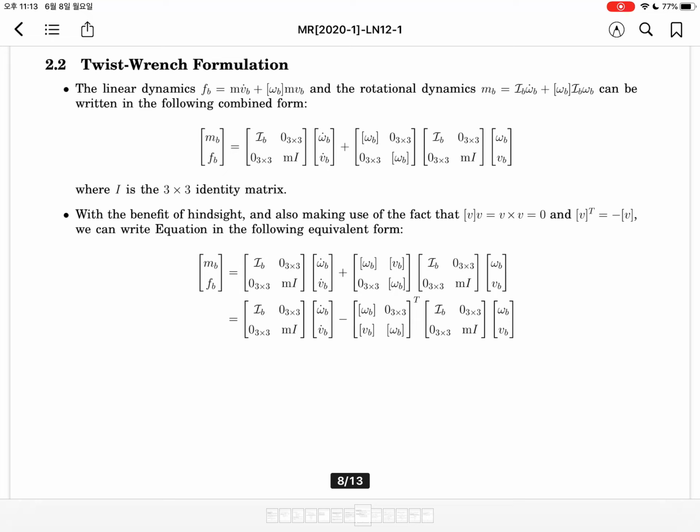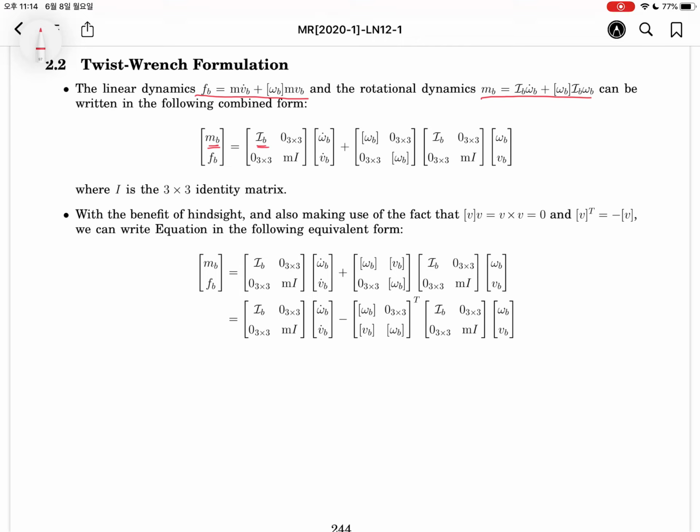Okay, the linear dynamics. Maybe we have derived the linear dynamics like this. Do you remember that? On the other hand, the rotational dynamics. Both follow the same form as each other. Let's combine the linear dynamics and rotational dynamics. In order to make the wrench, the moment will appear first.